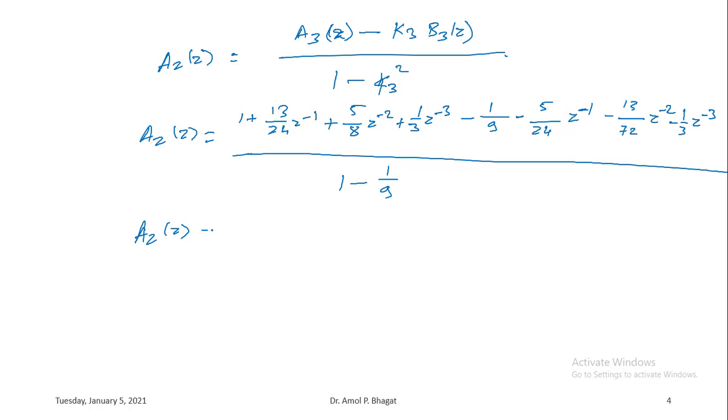So a2 of z, after simplification you will get 1 plus 13 by 24 z inverse minus 5 by 24 z inverse, so 13 minus 5 will be 8 by 24, right?